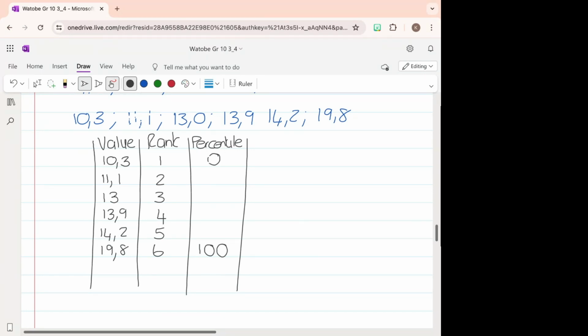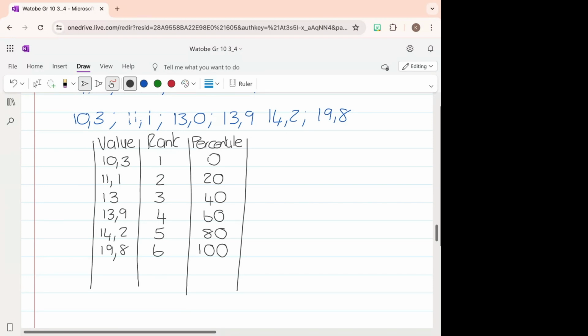And now I've got 1, 2, 3, 4 sets left. So technically, I can divide the rest of this into 20, 40, 60, and 80.